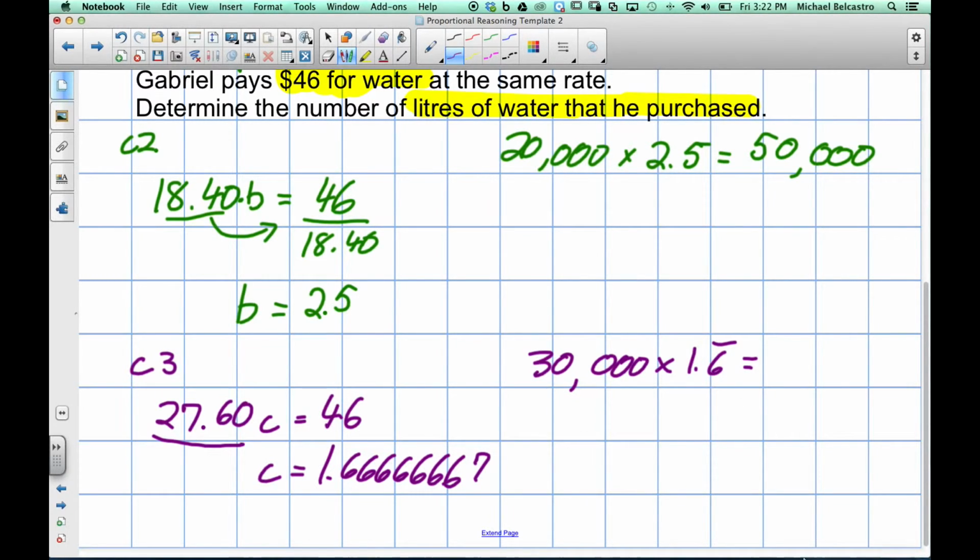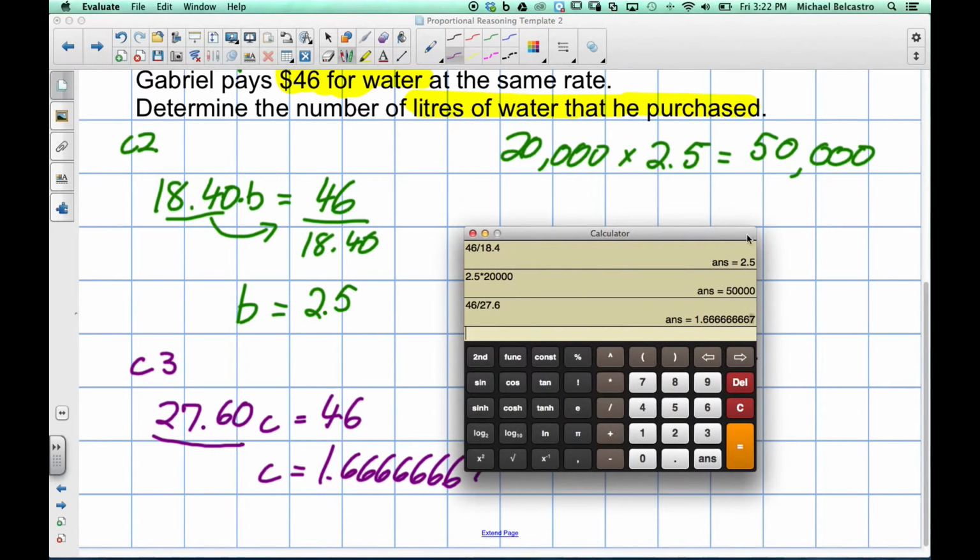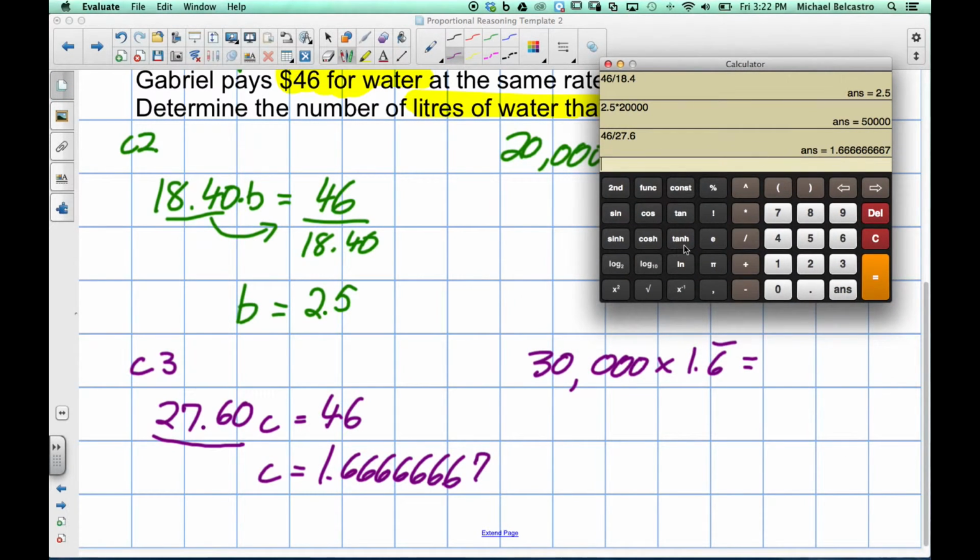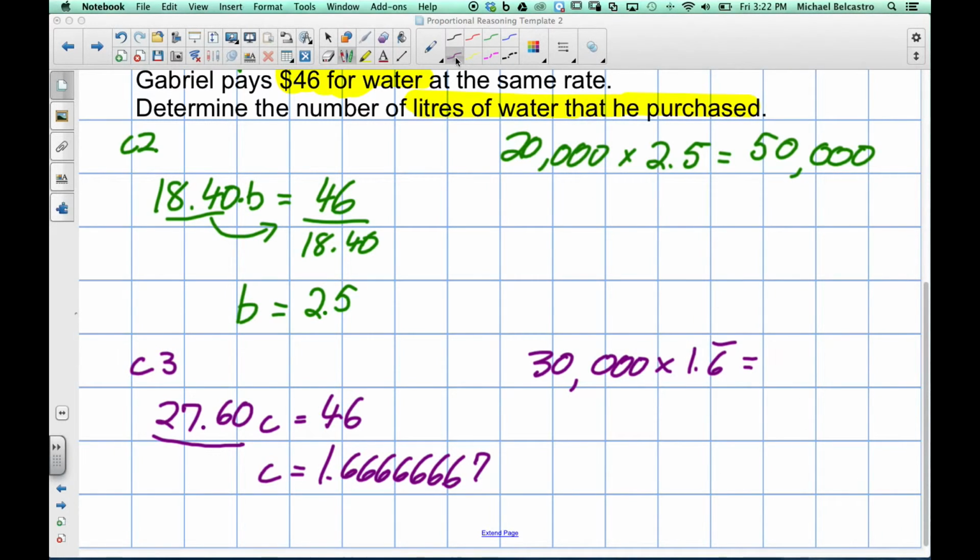I want to do a little experiment with you just to show you how rounding can really affect our answers. Here I'm going to take the value rounded to the 9th decimal place and multiply it by the 30,000. And look at that. It's pretty much 50,000. Five decimal places in, they have a value of 1. If we round to the whole number, we get our 50,000.